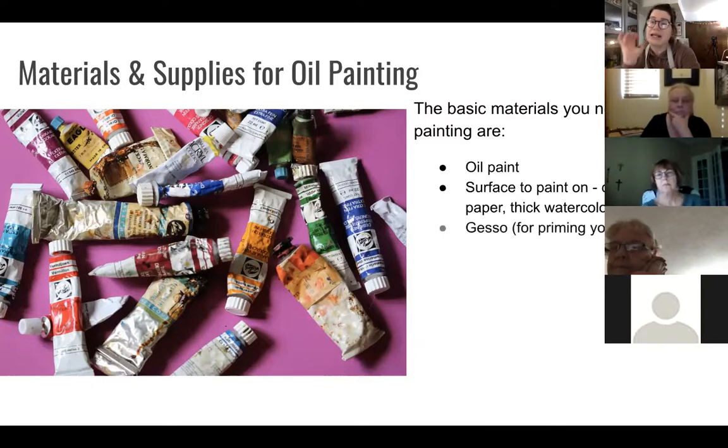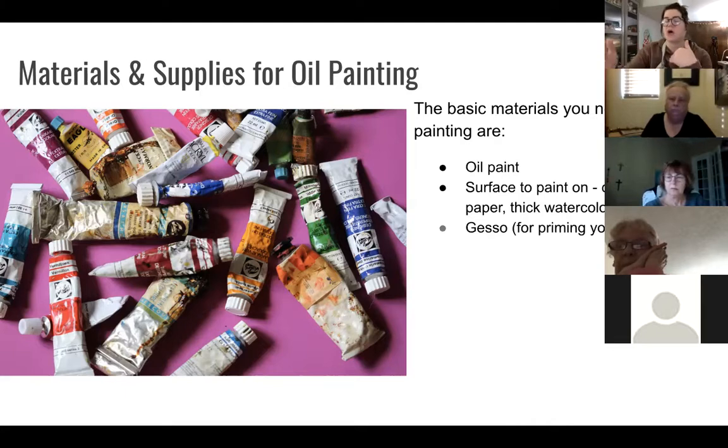Now, when I say gesso, gesso is like an acrylic primer. When you buy a canvas and it's already white, it's because gesso is already on it. If you were going to stretch your own canvas and you bought just canvas, it's sort of a tannish color, and you'd need gesso to prime it. The reason you need gesso is because otherwise the oil will seep through. The gesso creates a barrier between the paint and the surface you're painting on.